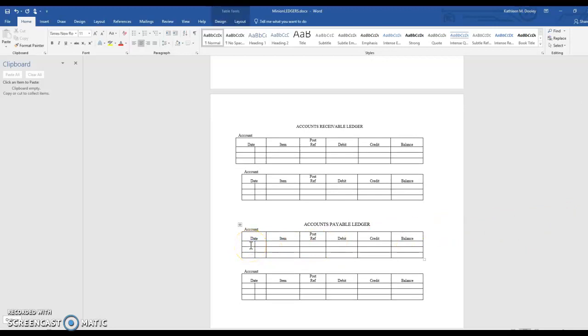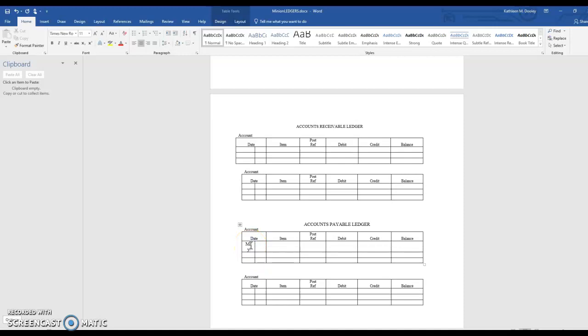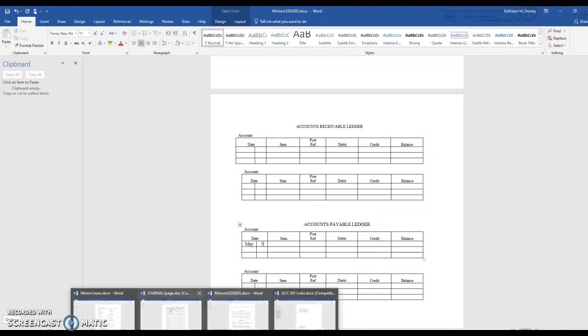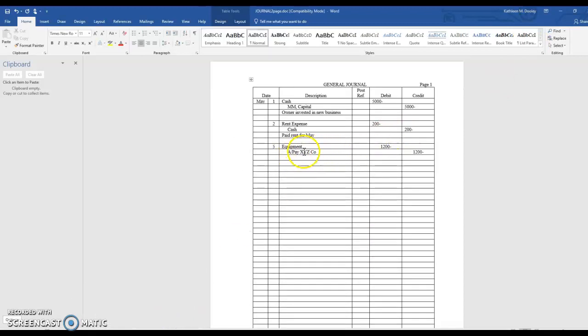So this is accounts payable, so I put in the date. That was May the 5th. We leave the item column blank, okay, and XYZ is being credited for $1,200.